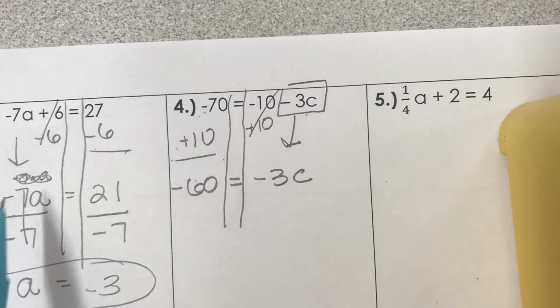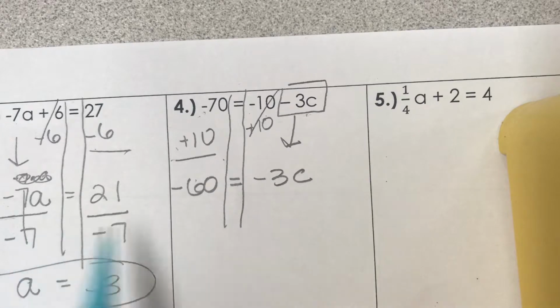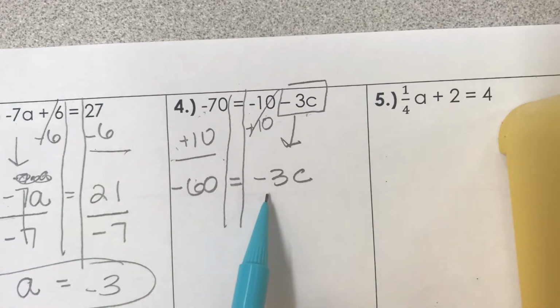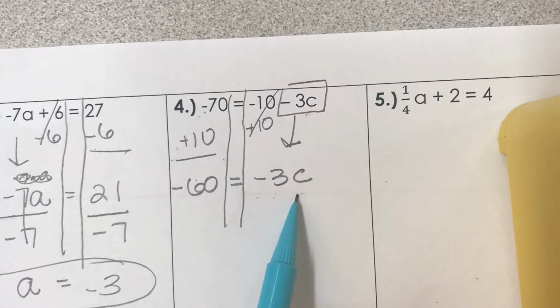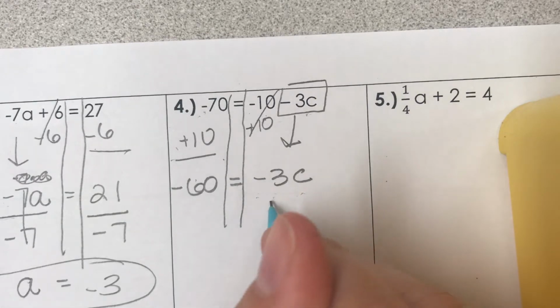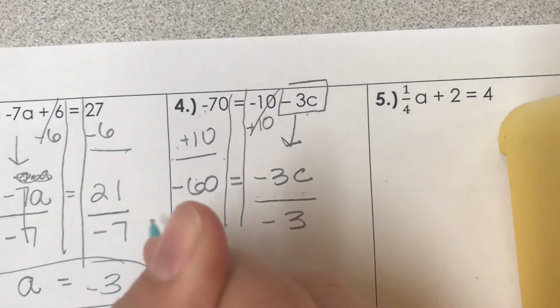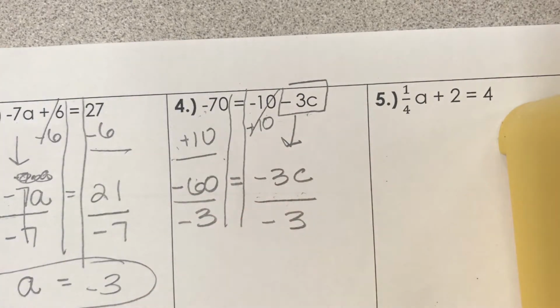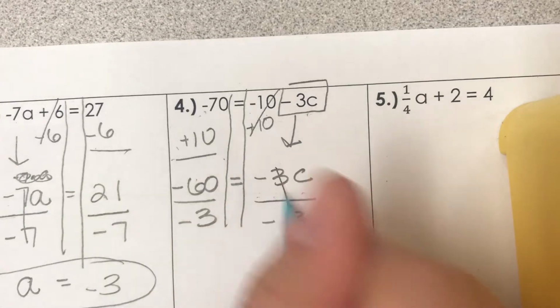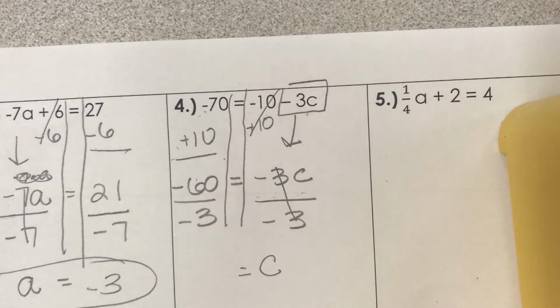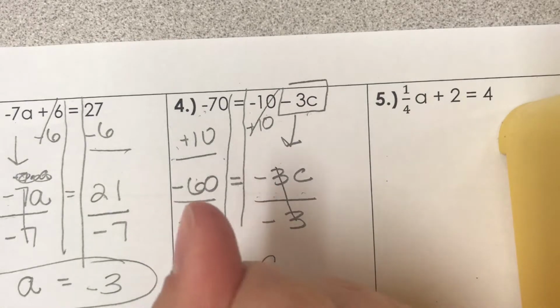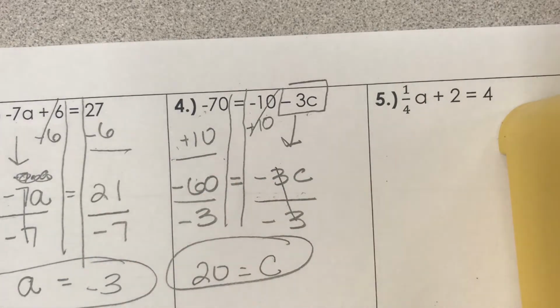Just like in our last problem where we had to divide by a negative number, we're going to do the same here. -3c means -3 times c. To undo the multiplication, I'm going to divide by -3 on both sides. -3 divided by -3 is just 1c equals -60 divided by -3, which is +20.